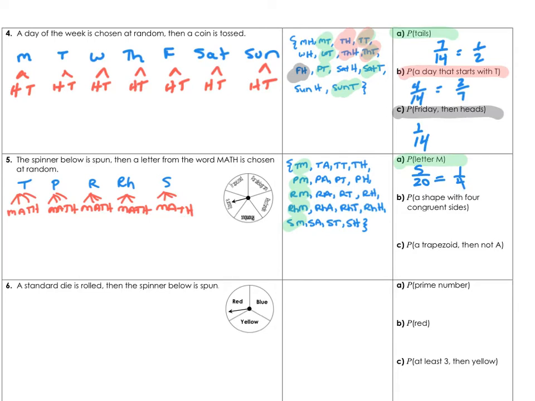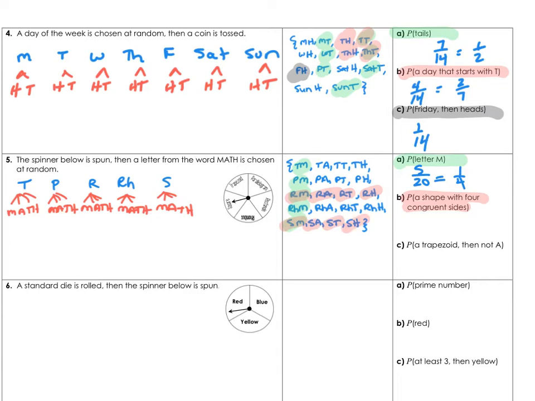How about the probability of a shape with 4 congruent sides? All right, well, to my recollection, a rhombus has 4 congruent sides, and so does a square. So I'm going to highlight anytime that I see a rhombus or a square. So I've got rhombus, rhombus, rhombus, rhombus, square, square, square, square.